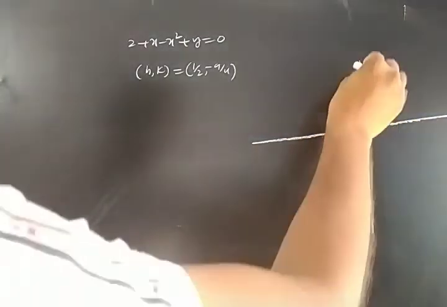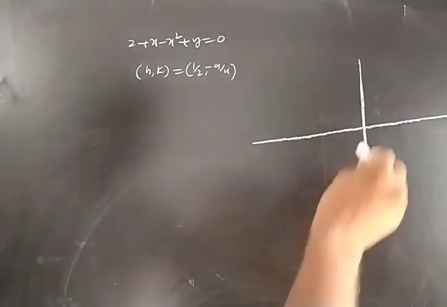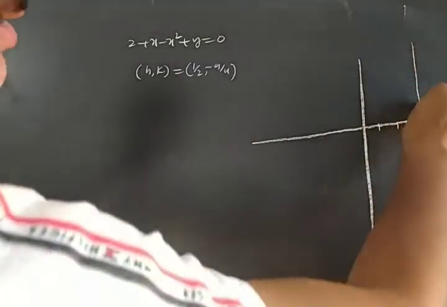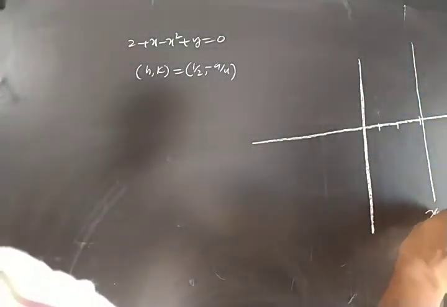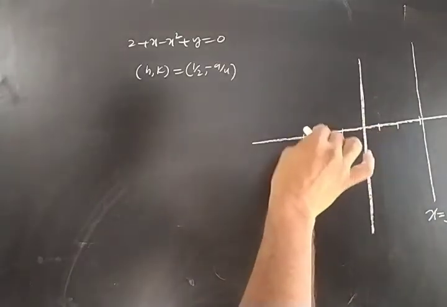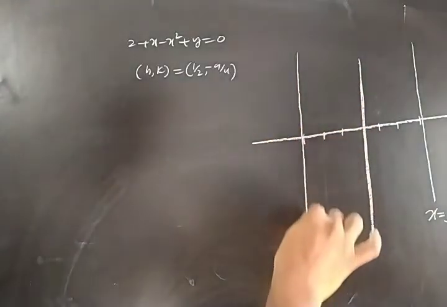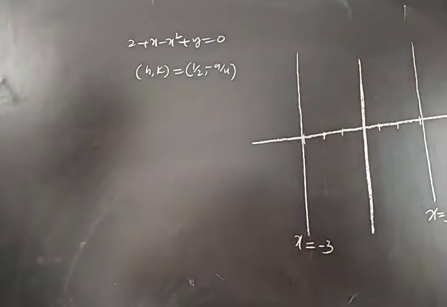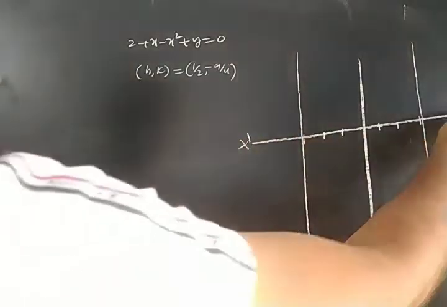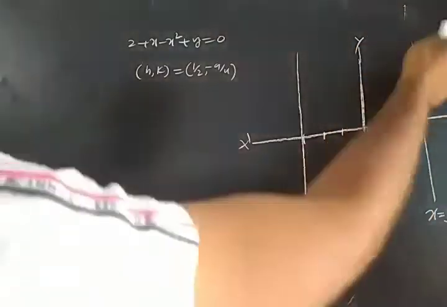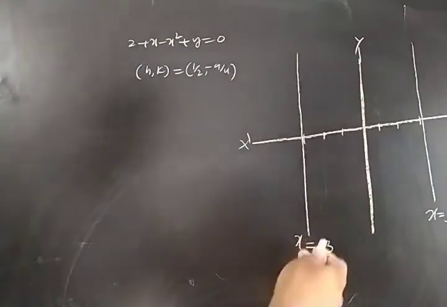This is the x-axis, this is the y-axis. One vertical line meeting the x-axis at 3, and another vertical line meeting the x-axis at x equal to minus 3. Now I have drawn the x-axis and 2 vertical lines, x equal to 3, x equal to minus 3.